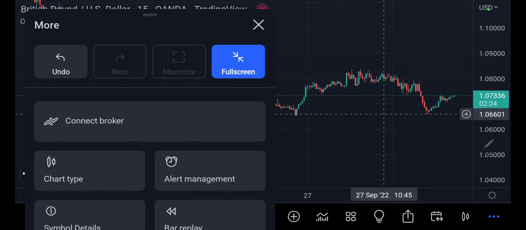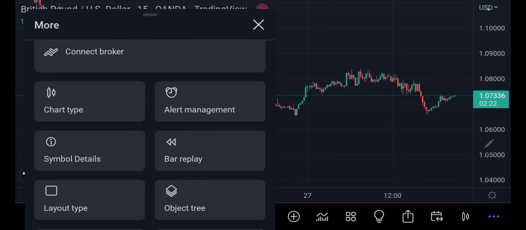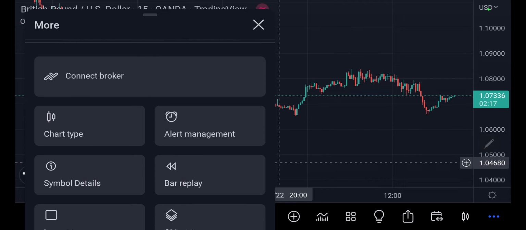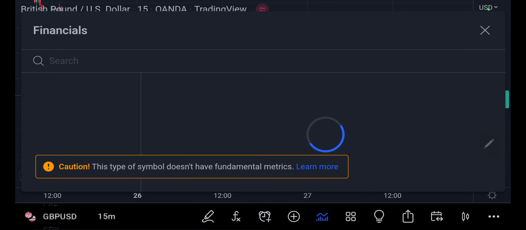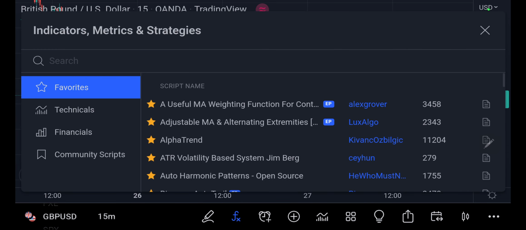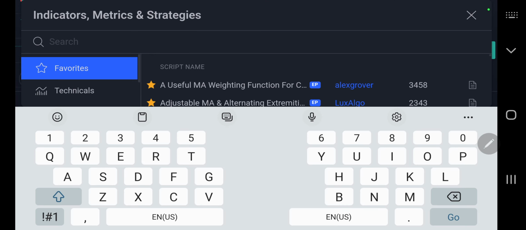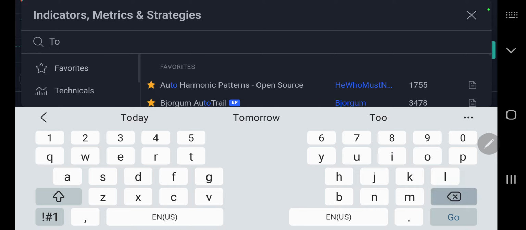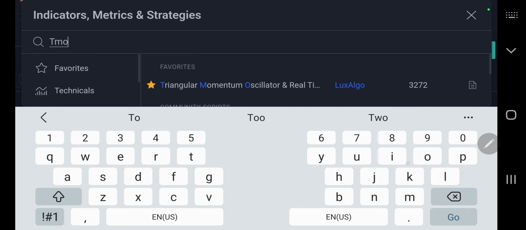First we have to go to the indicators. Where are the indicators now? Sorry, yeah, I believe it's somewhere here, the F sign. In the indicators we have to find TMO.